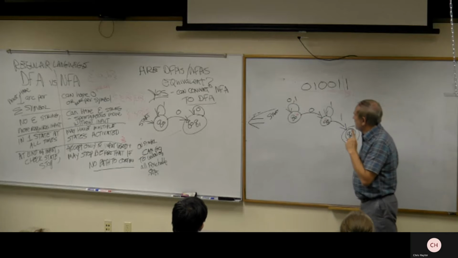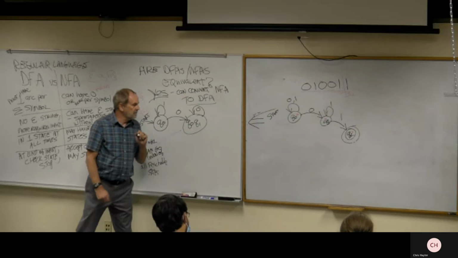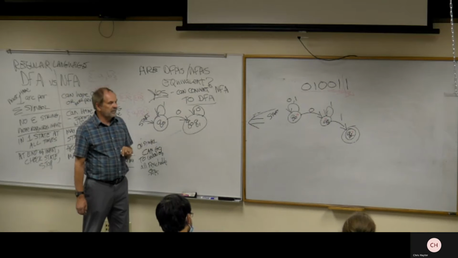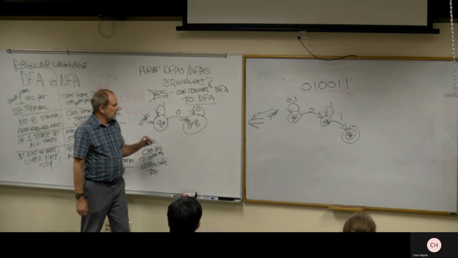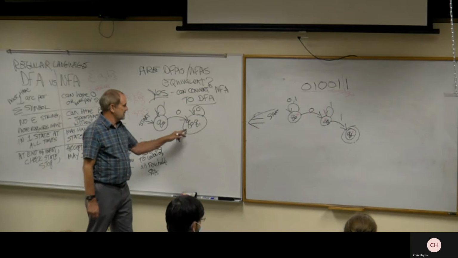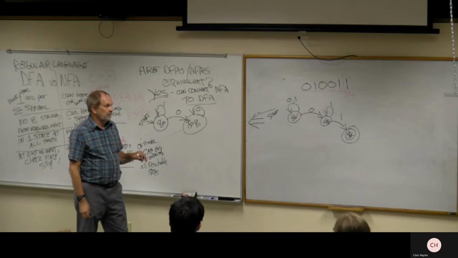Here's where it gets a little divergent. Where can I go on a 1 from Q0? Q0 on a 1 goes to itself. What about Q1 on a 1?